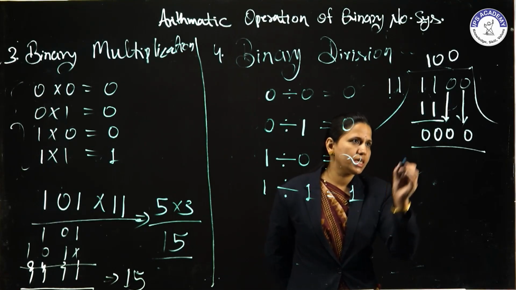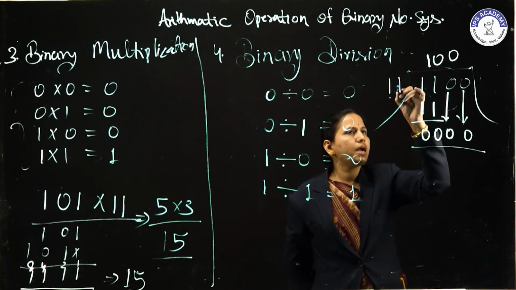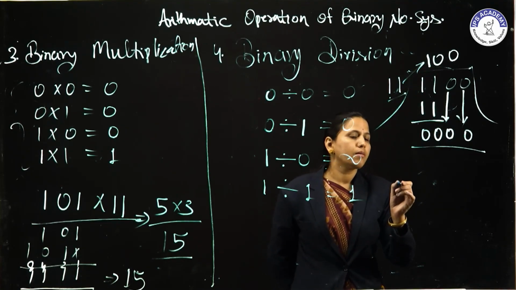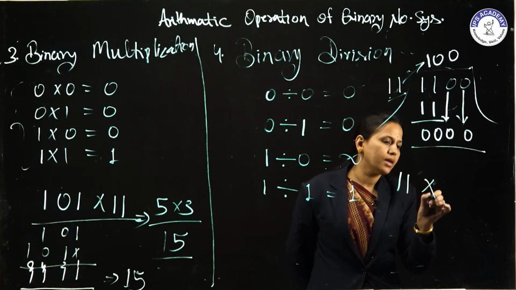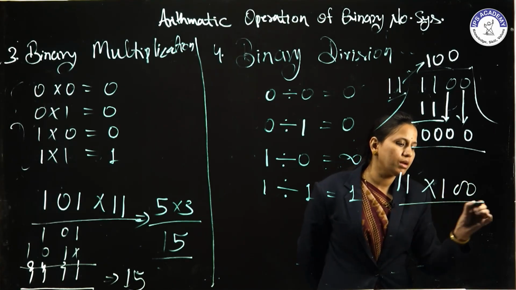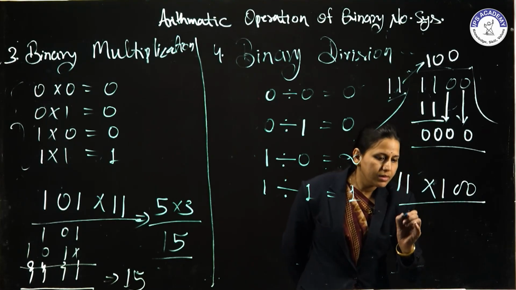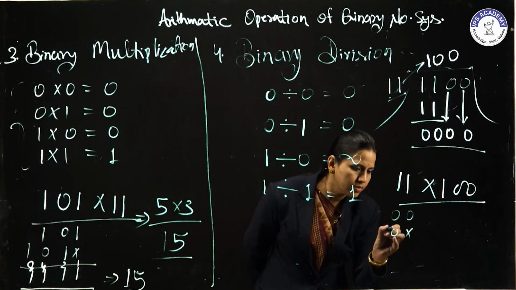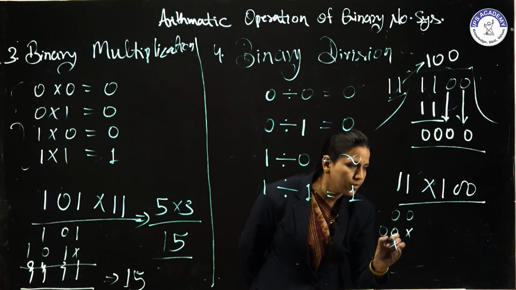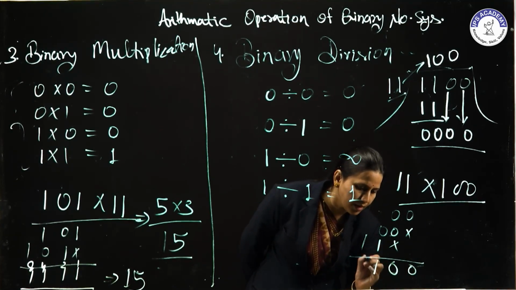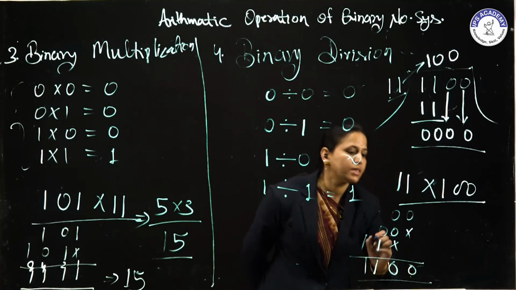Now cross check the result by multiplying this 11 with 100. So 11 into 100 will be 1100.